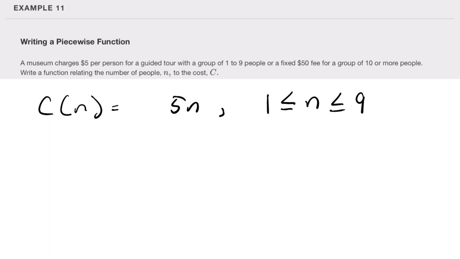So we can do something like when n is strictly greater than 9. And so this is a piecewise function, right? Two separate domains, and we're comparing multiple functions in one go.